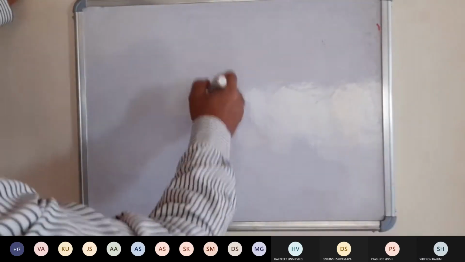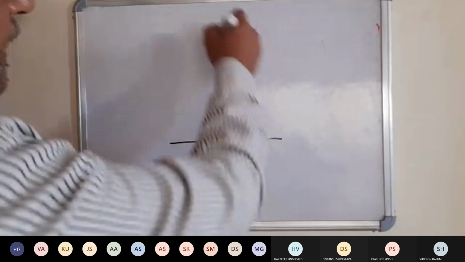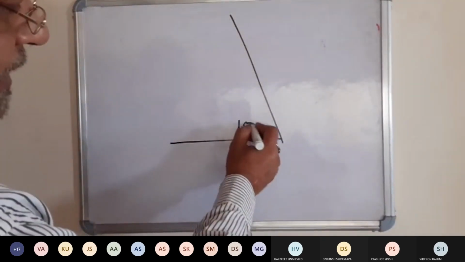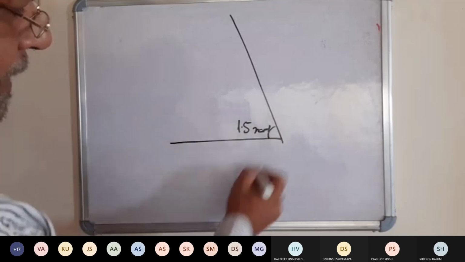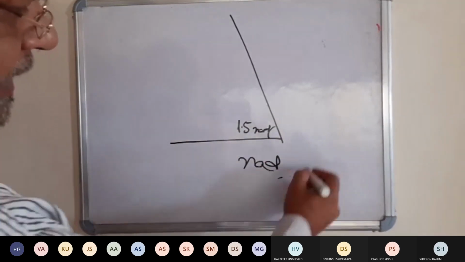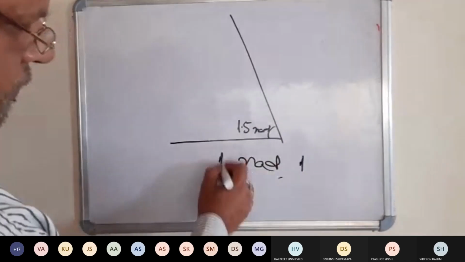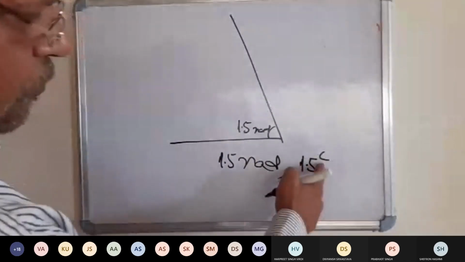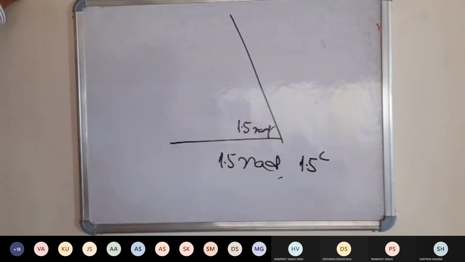Okay, just 1 second. What we said is the angle subtended at the center is 1.5 radian. Radians can be shown as RAD, or as 1.5 with a small c written on top, which means radian.